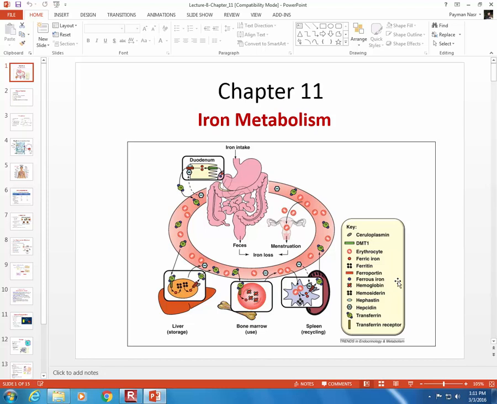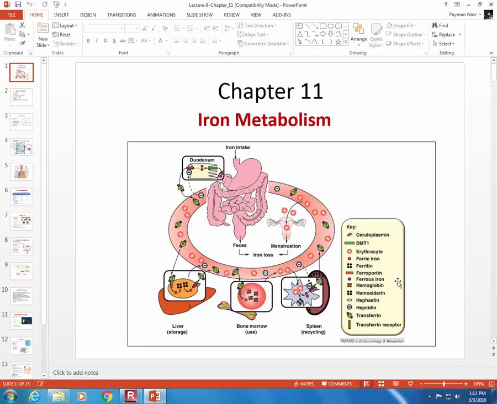So what is the best way of getting rid of these kind of things? You make sure that you're not going to have a free iron like that anywhere. So the iron that we're going to be able to use in the hemoglobin has to be like this. But whenever we're going to absorb it, we cannot absorb it like this. Whenever we're going to transport it, we cannot transport it like this. We have to do it like that.